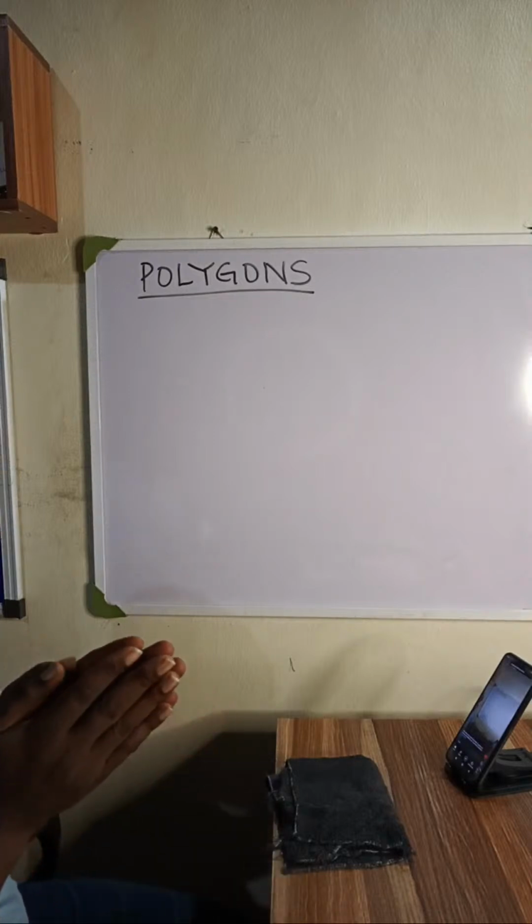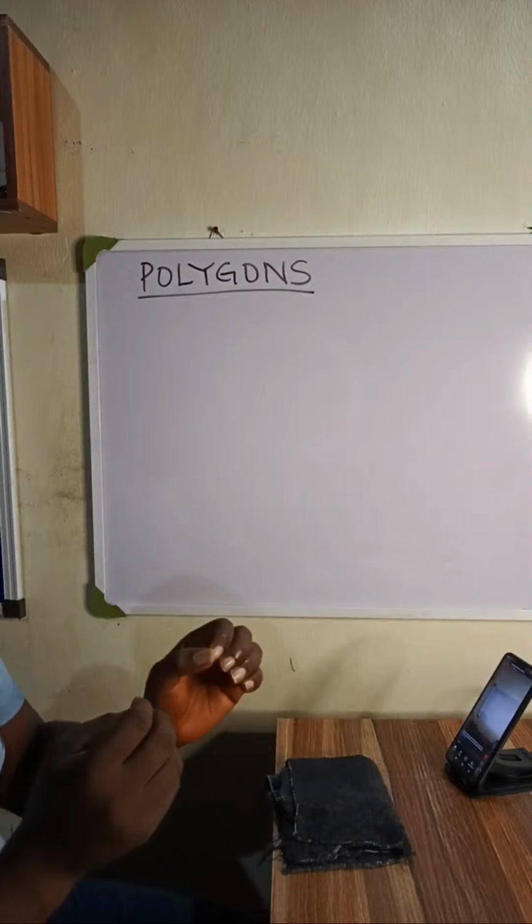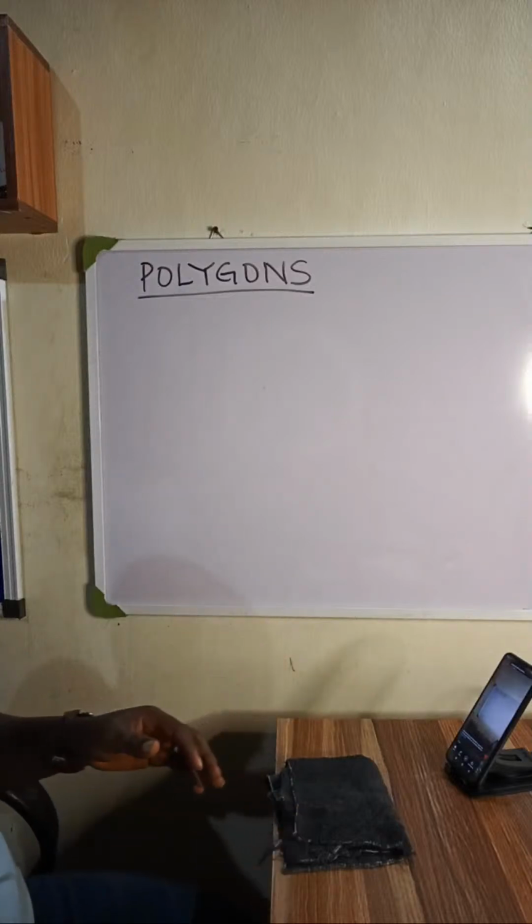So a polygon is a plane shape that has at least 3 sides and 3 angles. Let's write that down.